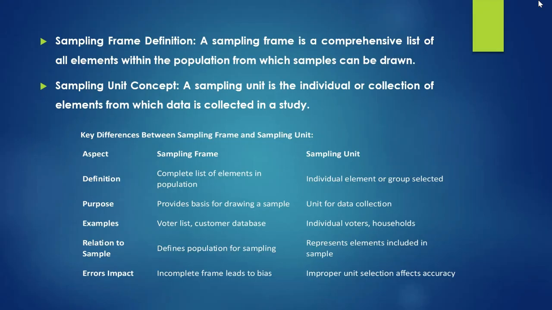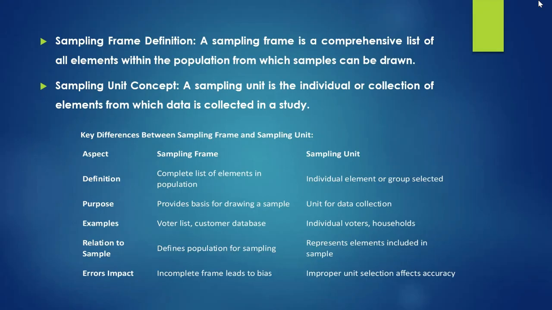Now let us see the key considerations in developing a sampling frame. Completeness: the list should include all elements in the target population. It should be free from duplication and errors to ensure accuracy. It should align with the objectives of the study so that it is relevant.